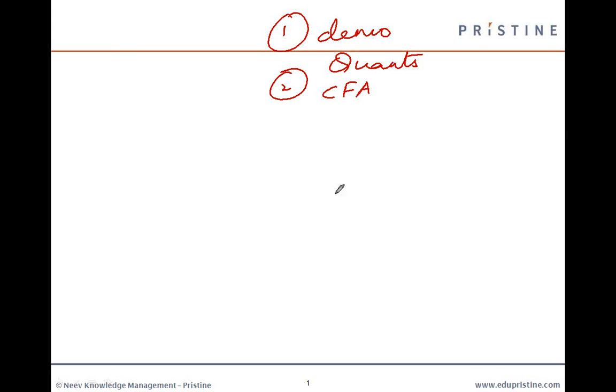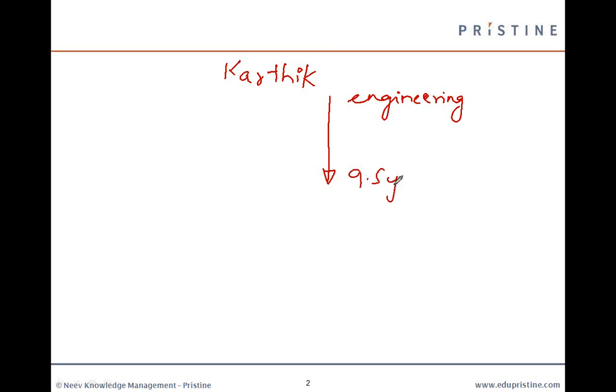All right, let me give some introduction about me. My name is Karthik. Once again, my handwriting is quite bad, please bear with me. I actually come from an engineering background. I've done my BTech, and I have been in the financial industry for close to 10 years now, 9.5 years.